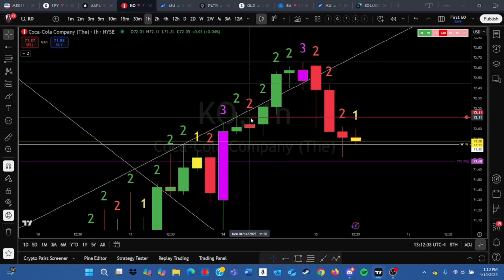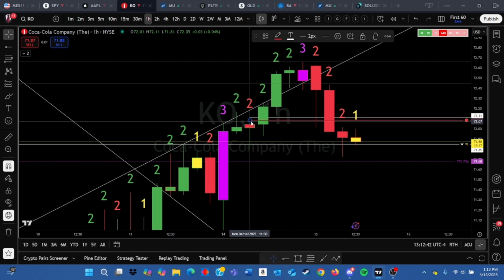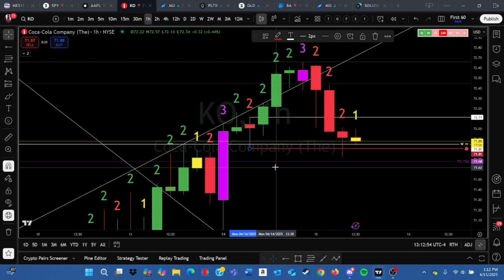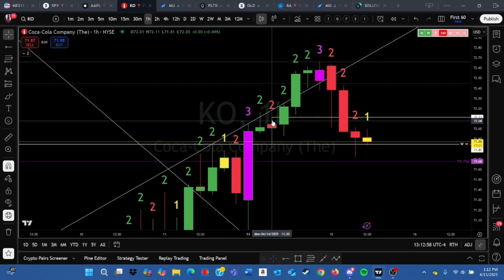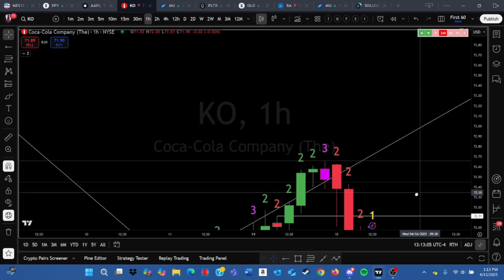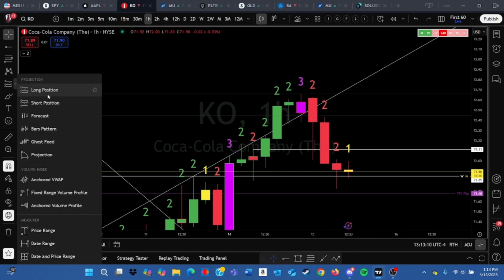Some people say a couple pennies underneath your trigger, and if it doesn't immediately go, then they want out. Some people go all the way at the bottom of whatever the candle is, because that fundamentally changes what the candle is, and then it's no longer a 2 up, it's a 3. So there's a bunch of different ways to do it, and I'll make a whole video on that. But for now, all that's really important is that you know you're only risking one hour's worth of range to catch the whole weekly signal.